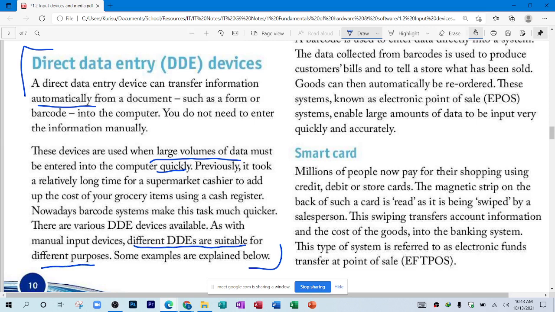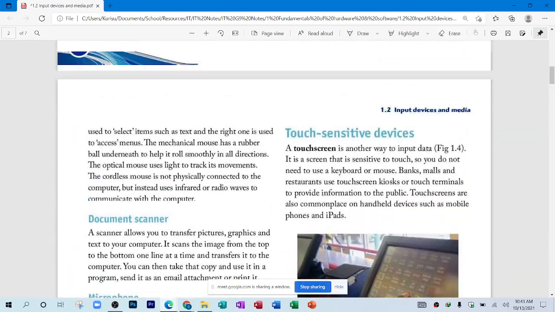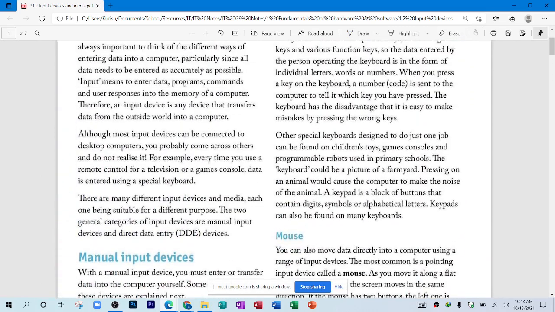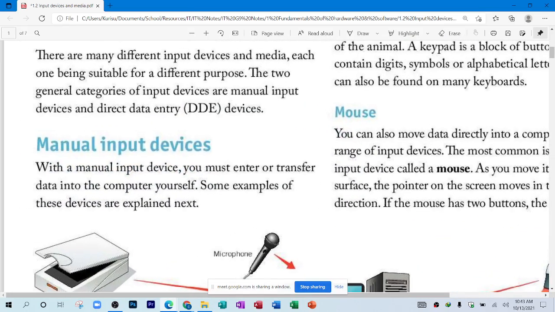Great. So we're looking at what is a direct data entry device. When it comes to the manual input devices, we said that you input the data manually. When we looked at that definition, you had to input the data yourself.